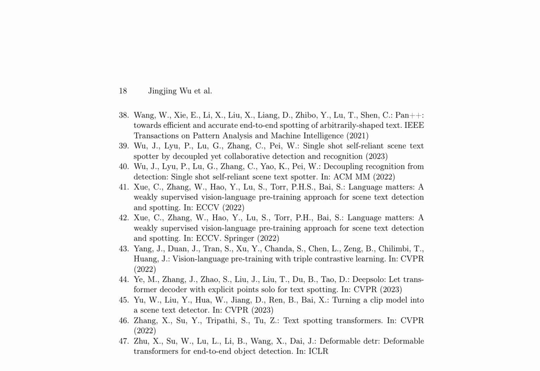Other notable contributions include Yang et al.'s 2022 proposal of vision language pre-training with triple contrastive learning, and Yi et al.'s 2023 introduction of DeepSolo, a transformer decoder-based method for text spotting. Yu et al. demonstrated in 2023 the effectiveness of converting a CLIP model into a scene text detector, while Zhang et al. developed text spotting transformers in 2022.